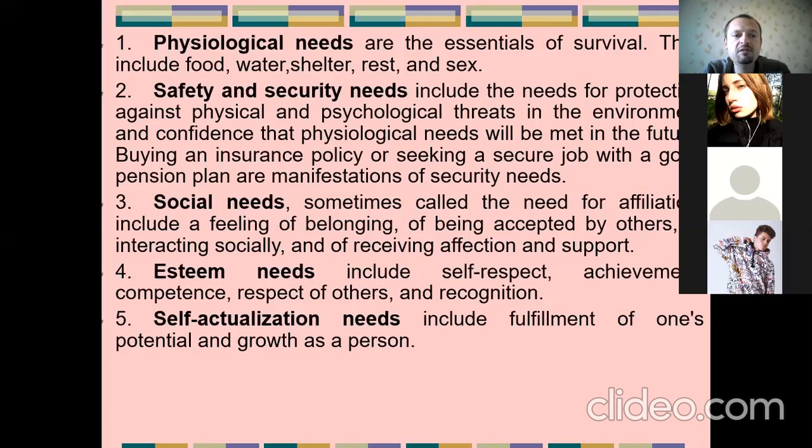And the fifth group of needs, which was mentioned by Abraham Maslow, was the self-actualization needs group. It means that every person wants to complete some activity which he or she likes. So it is like self-actualization: I like to do it.